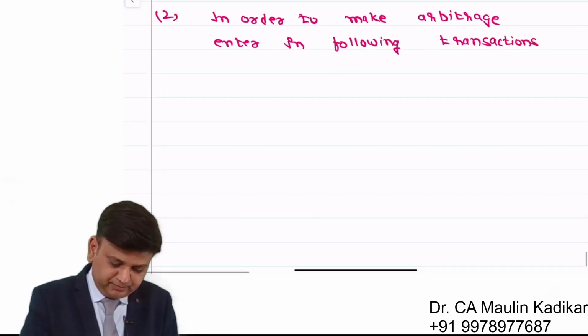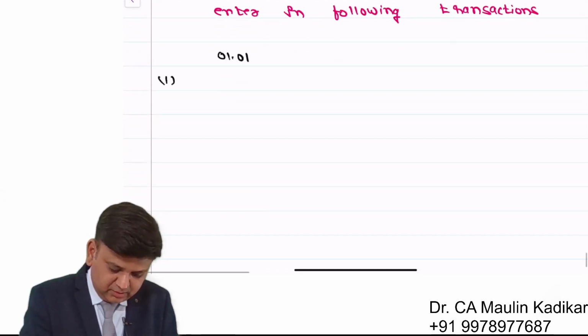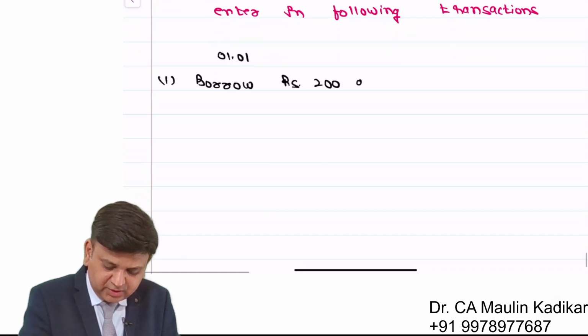In that, write down: 1st of January, first, borrow rupees 200 at 25% for 1 year.